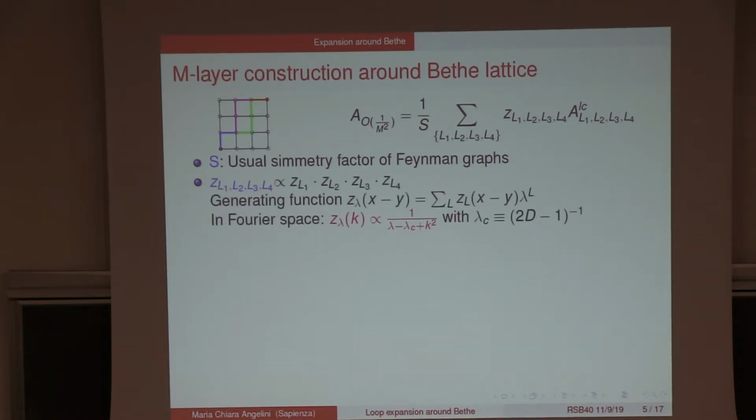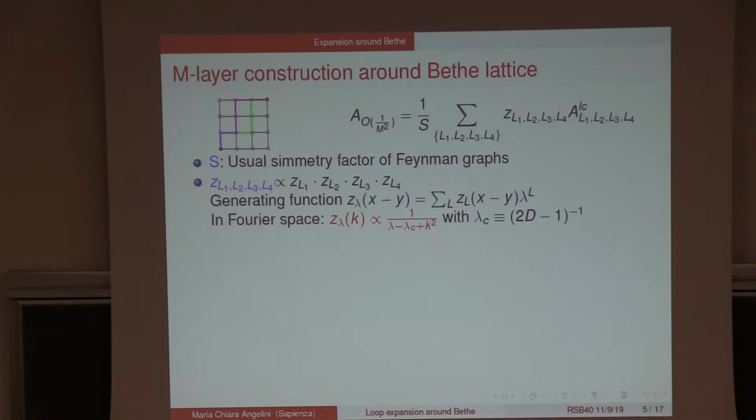And then we have this number of loops, and also this one is known. You can pick it up from our paper. It is proportional to the product of the number of single lines of this length, and these numbers Z_L have nice properties. You can construct the usual generating function as the sum over L of Z_L lambda to the L. This is the usual definition of a generating function.